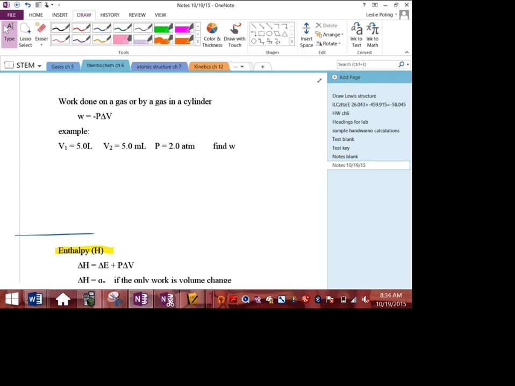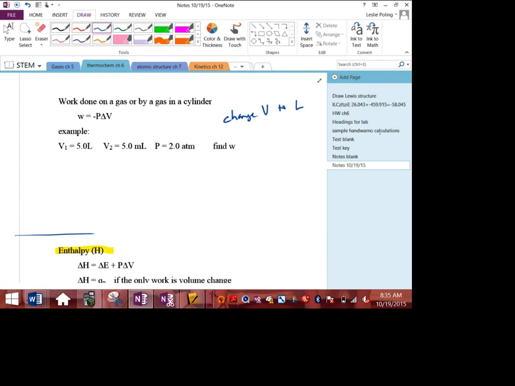What do you notice that you have to do with these two volumes? Yes, one thing you have to do is subtract. What else do you have to do? You have to change them to the same units. Okay? Now, we want our unit to be liters. And the reason we want it to be liters is because we need that liter atmosphere. Kind of like in our gas constant, remember our R was liter atmosphere per Kelvin mole?